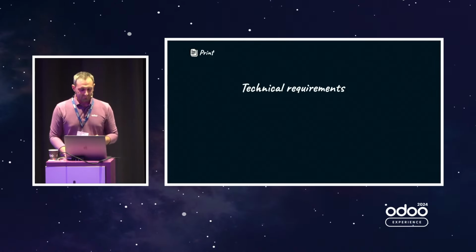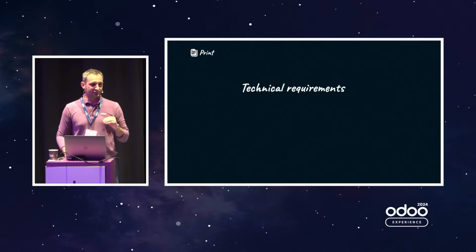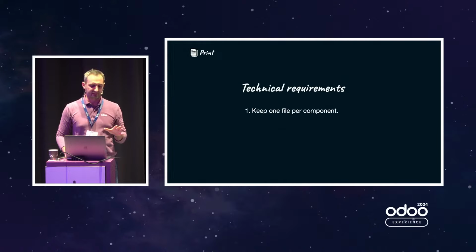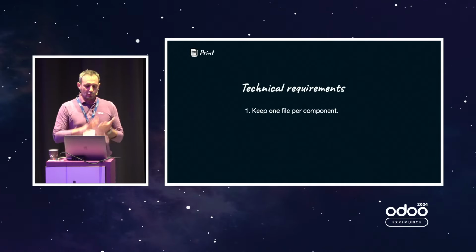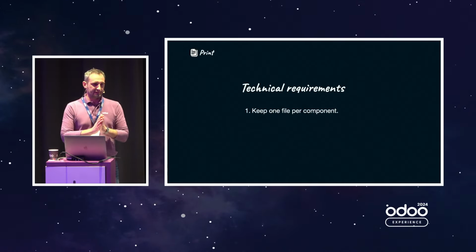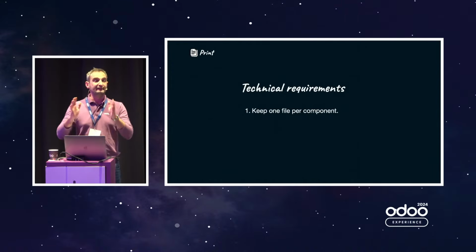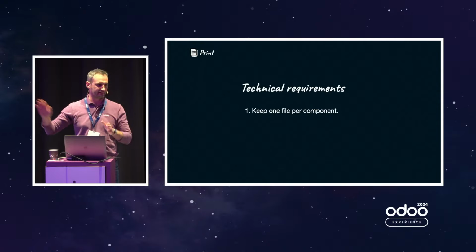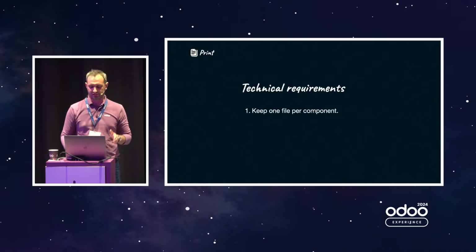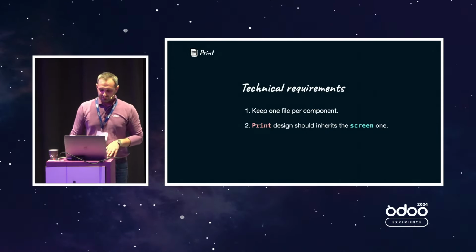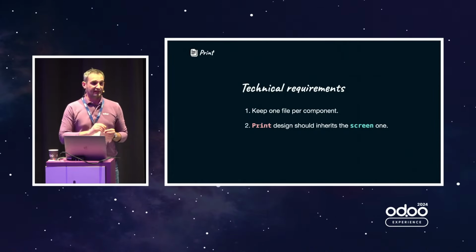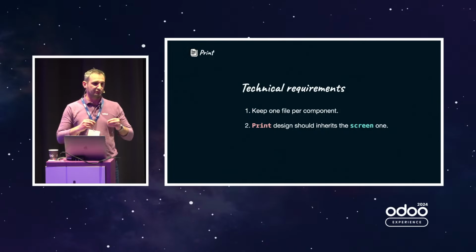We put the bar quite high from the start, because we agreed on some technical requirements. We wanted to keep one file for each component, meaning not one single print.css including the entire framework there. We wanted the print design to inherit the screen design by default, because we don't want to reinvent the wheel.